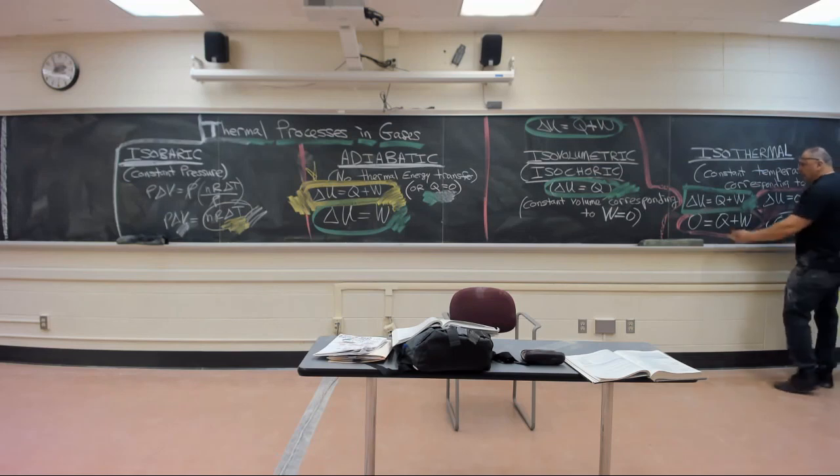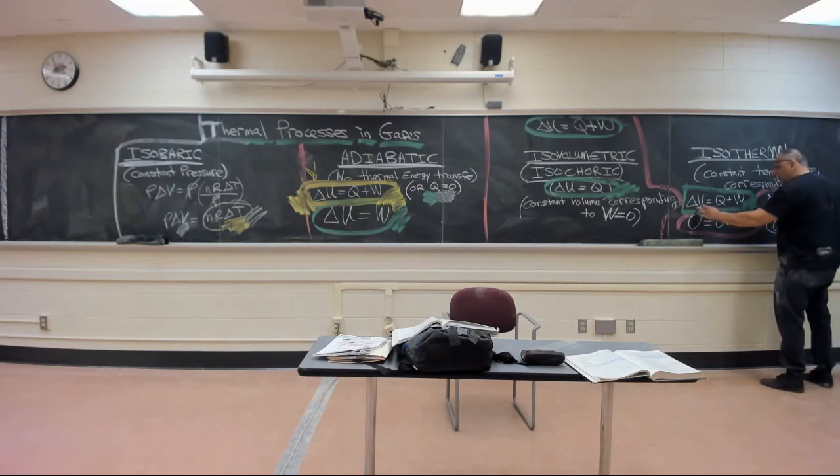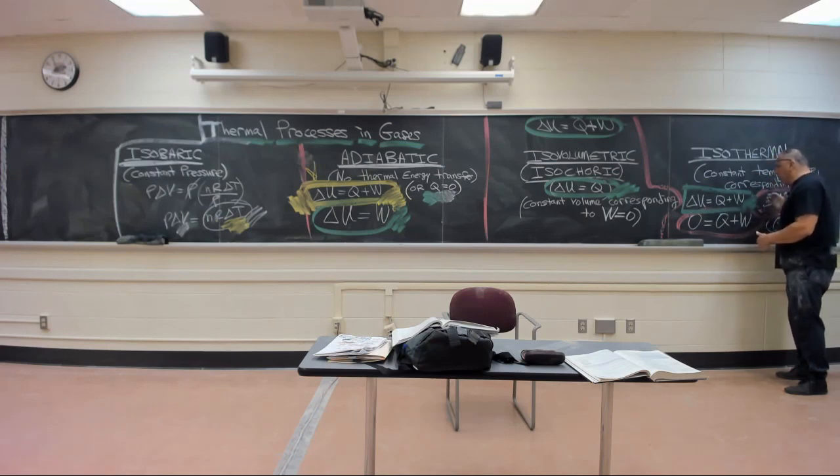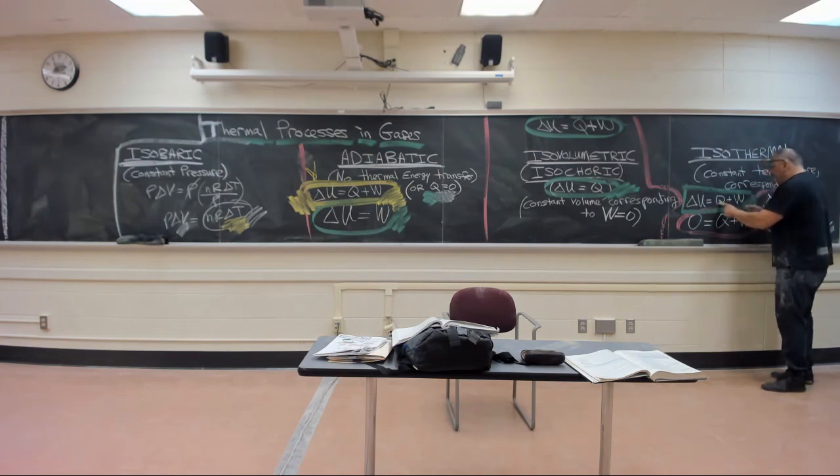What does that mean? Well, if delta U is equal to 0, 0 equals Q plus W. That means if you put heat into the system, the heat's going to go directly to doing work to the environment. If you take heat out of the system, then the environment will do work on the gas. The environment will compress the gas and keep the internal energy the same, unchanged.